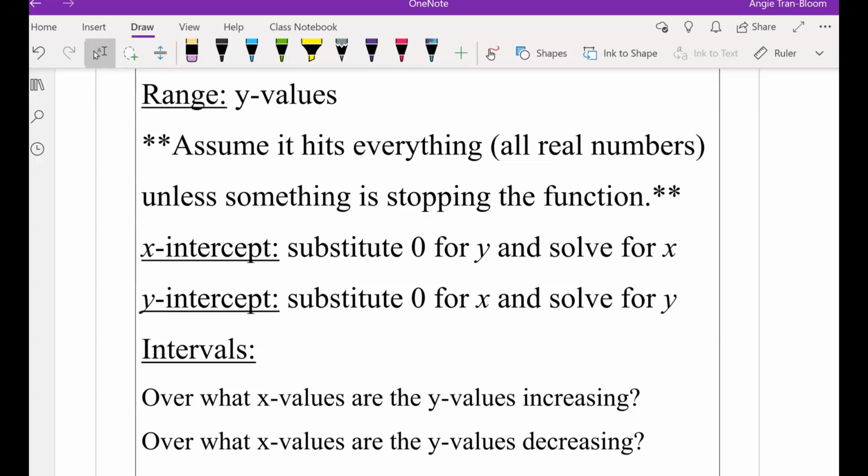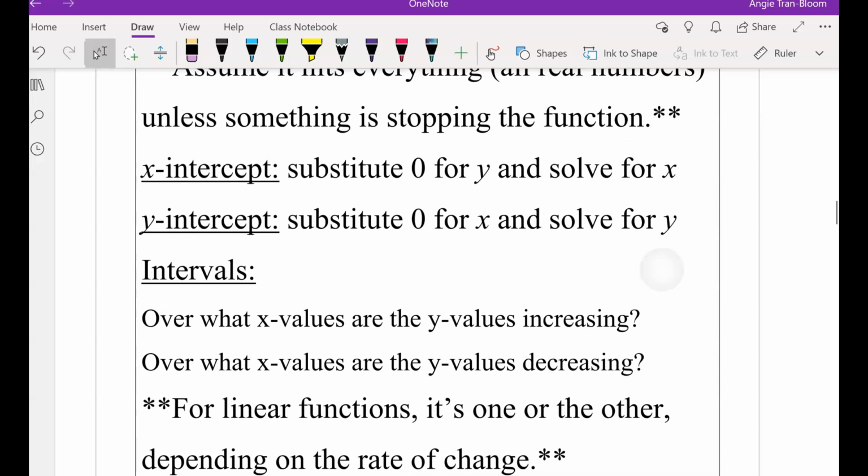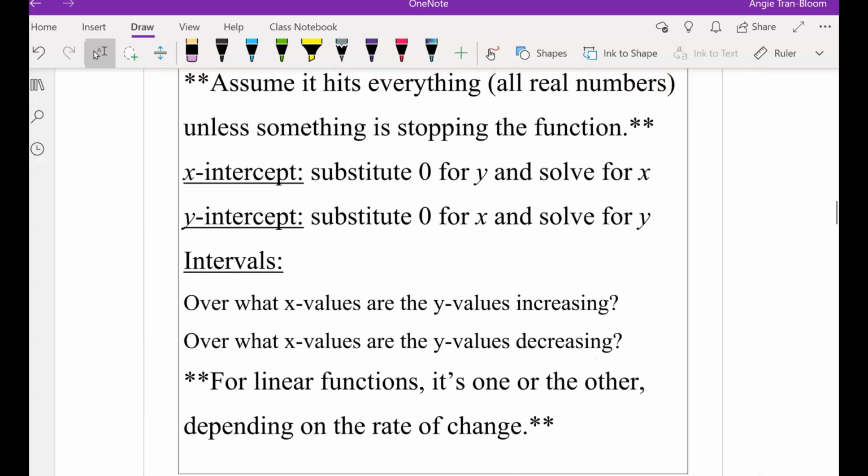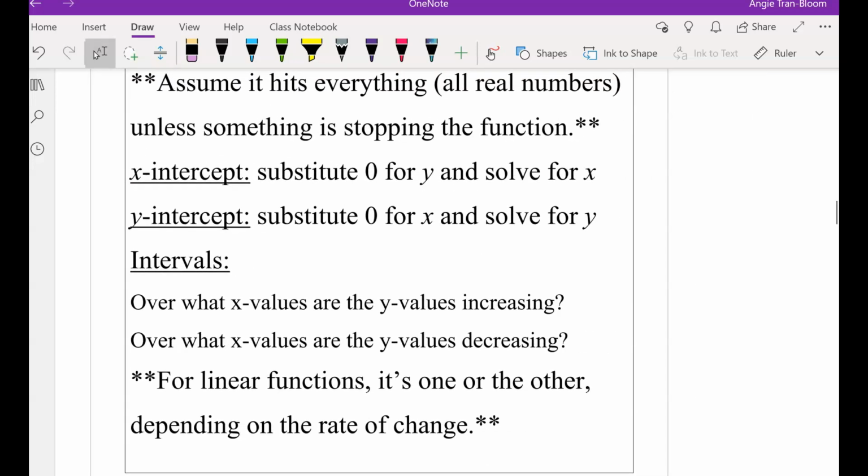Now this last one is new, so go ahead and copy that down, and then I want to explain it to you guys. So the intervals, this one is new. Let's finish copying, and then I'll explain it.